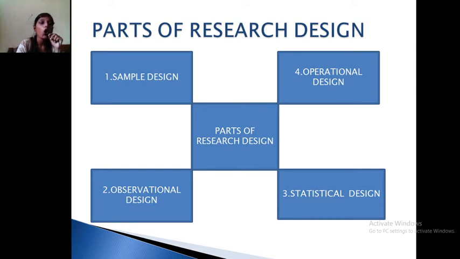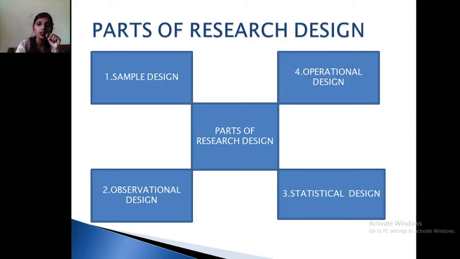Observational design. Observational design gives the conditions. It refers to the conditions in which observations are to be made, in which how the data is going to be analyzed. Statistical design. Statistical design relates the conditions that how many samples are selected and how many data are going to be analyzed, and what techniques.